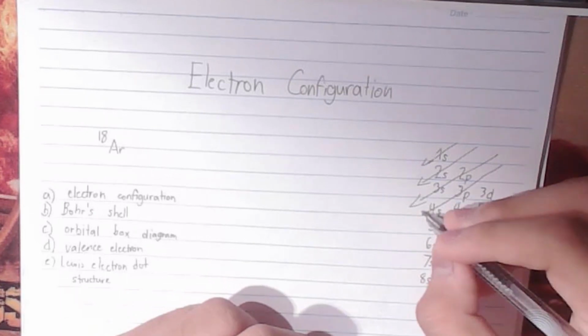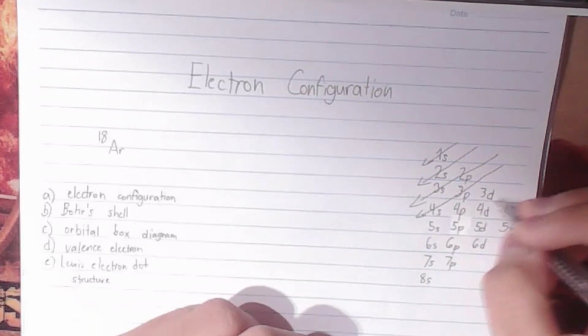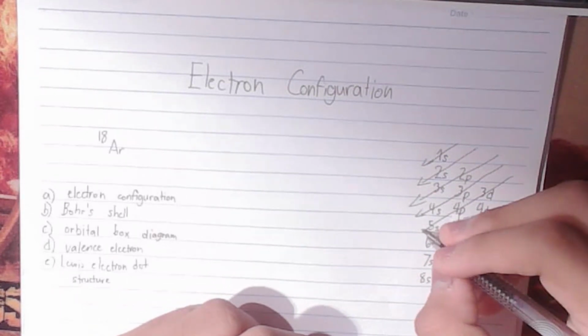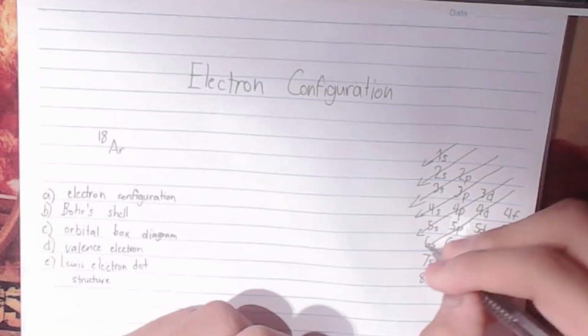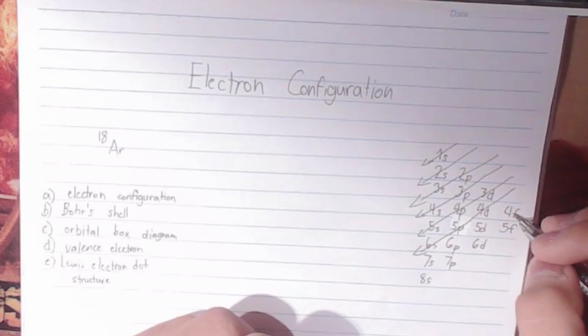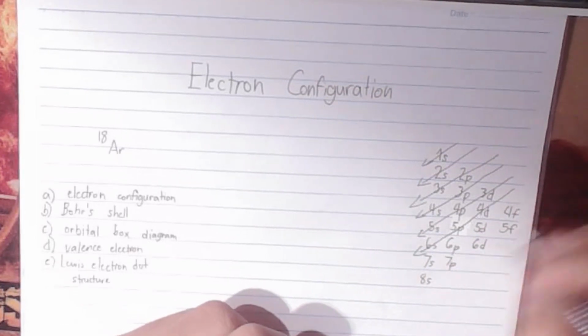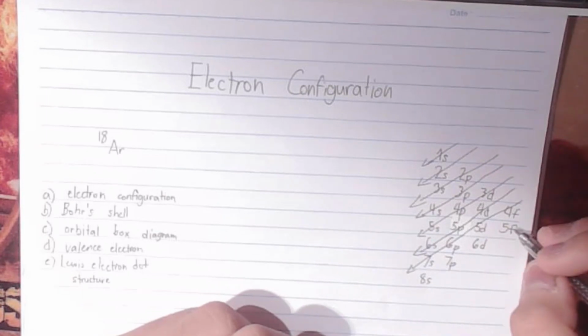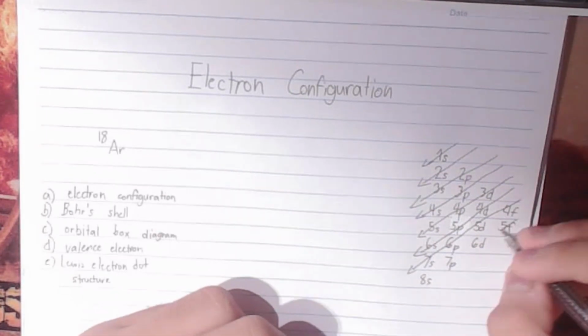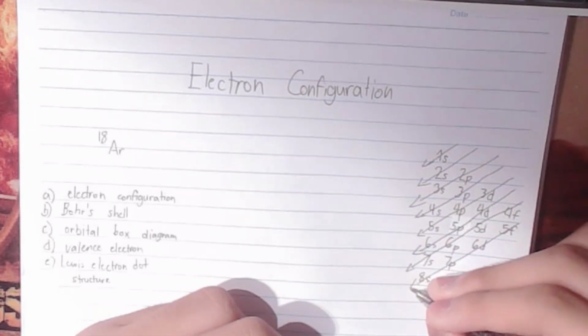We skip 3d over here, and then we go to 3d, 4p, then 5s, 4d, 5p, then 6s, 4f, 5d, 6p, and 7s, and then 5f, 6d, 7p, and 8s.